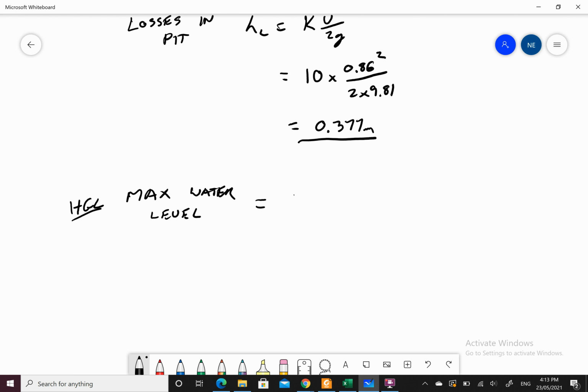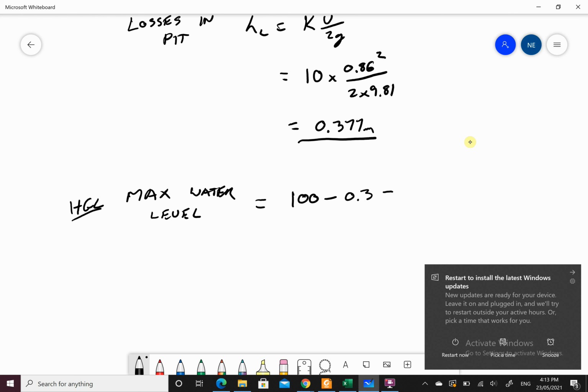So that's going to be the top of the pit, subtract my freeboard, subtract my pipe diameter, 0.15. And that gives me 99.55 meters. So that's where my hydraulic grade line starts.